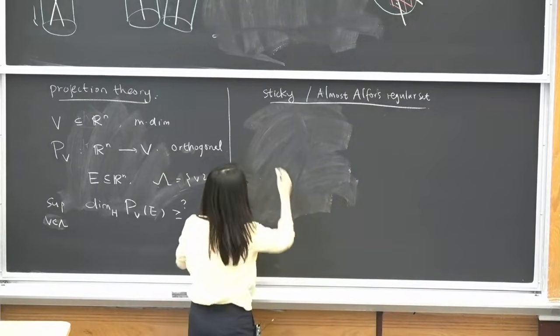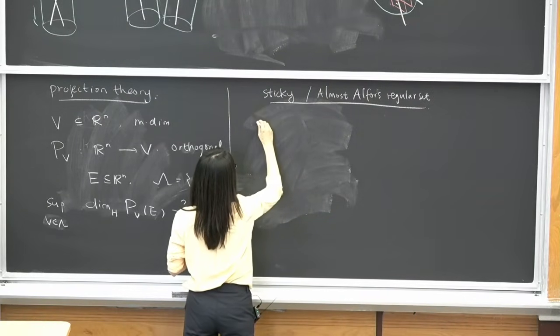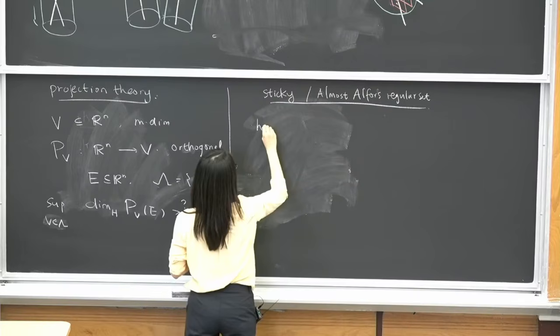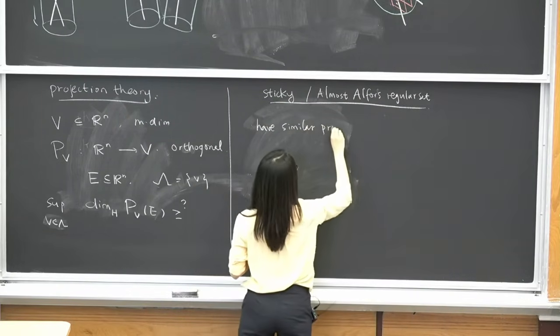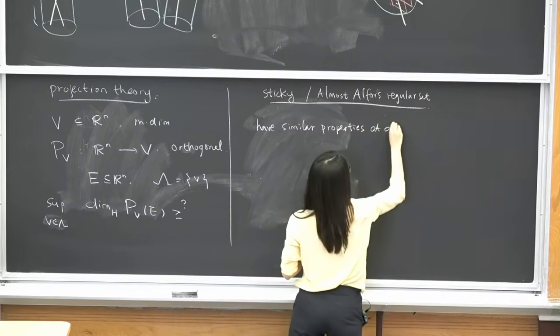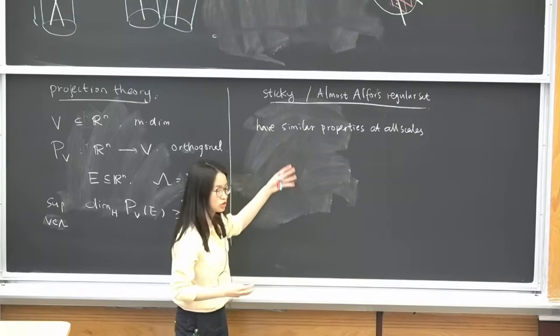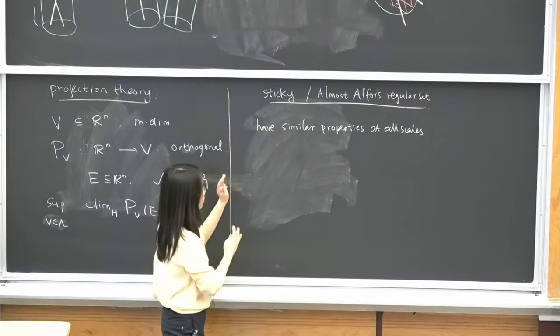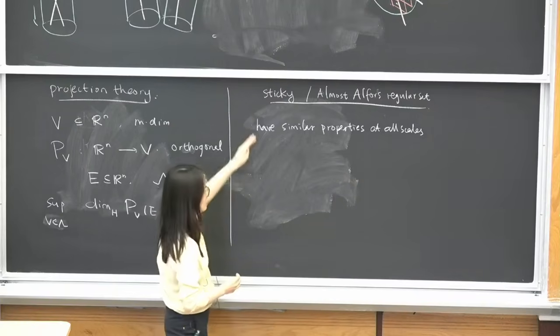And those sets have similar properties at all scales. So it has a very rigid structure, and so it's relatively easier to study the problem within this class.